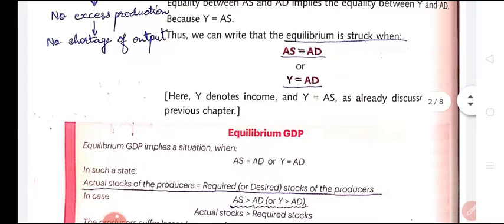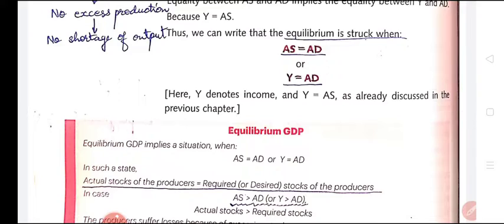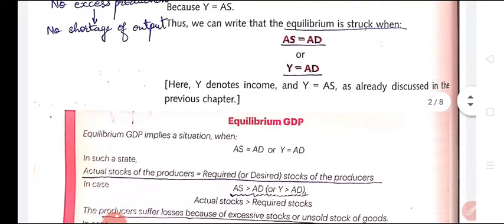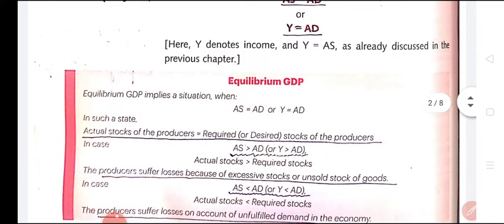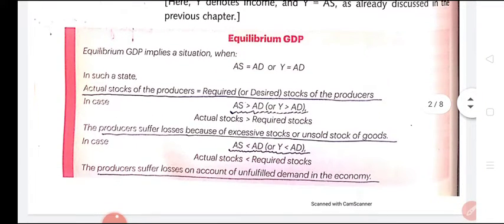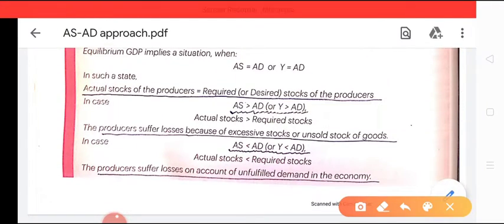AS can also be written as income. So a point where aggregate supply equals aggregate demand, or where income equals aggregate demand, that is the level of equilibrium. Now let us see what is equilibrium GDP. As I told you beforehand also, AS equal to AD can also be written as Y equals AD.